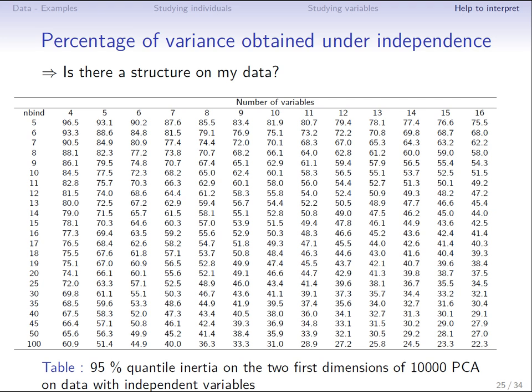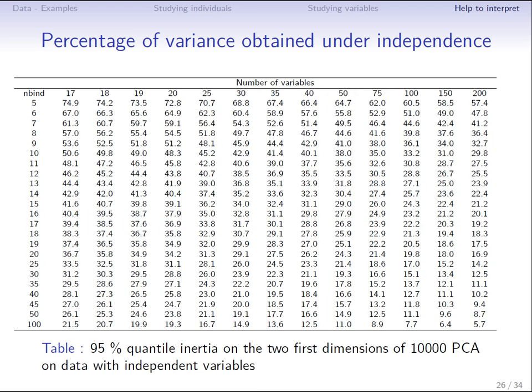So, for instance, with 15 individuals and 12 variables, this value of 47.8 tells me that having performed 10,000 PCAs with 15 individuals and 12 independent variables, I calculate the percentage of variance of the first two dimensions, and 95% of values are less than 47.8.